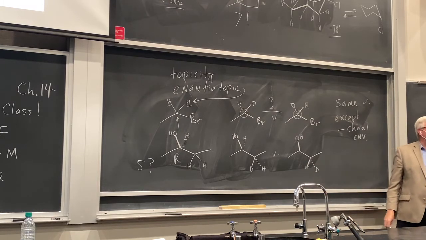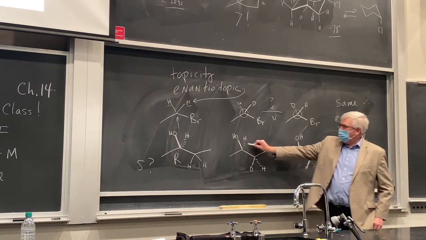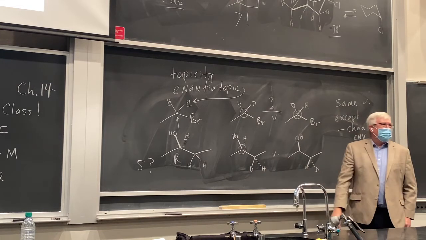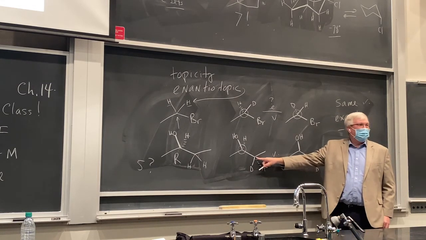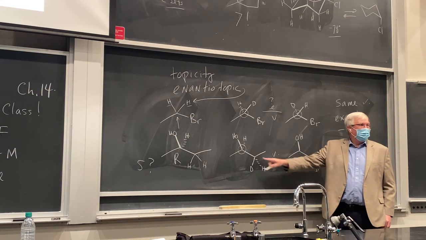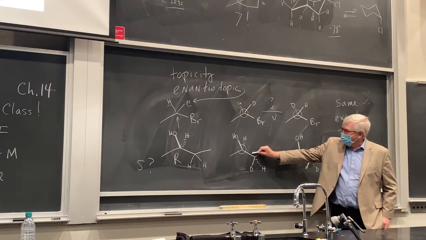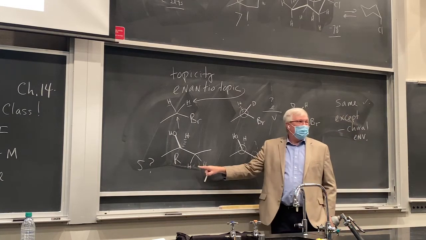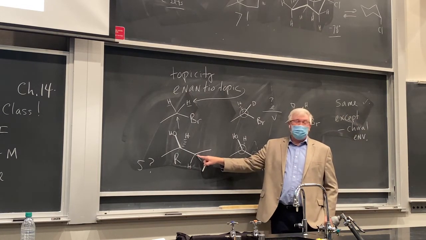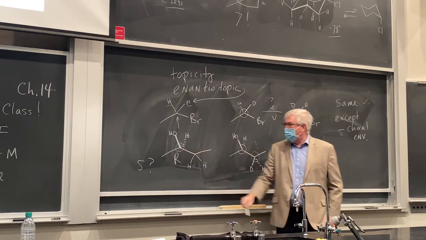Now, what's the relationship? We already have a stereocenter here. When we do the topicity experiment here with the deuterium, is this a stereocenter now? Yes, it is. Look at that. Only when we do the deuterium. Okay. Here it's not a stereocenter, right? We only have the one stereocenter here.